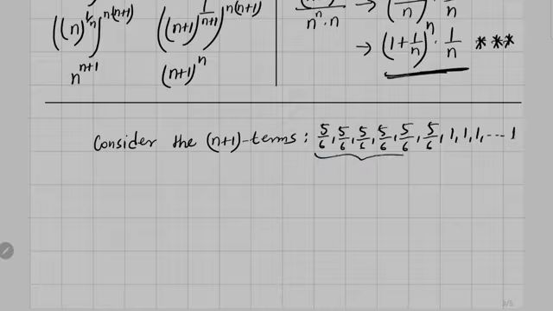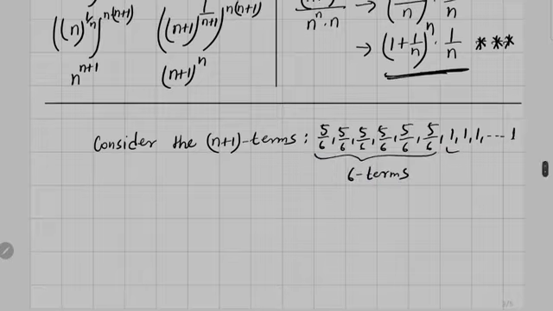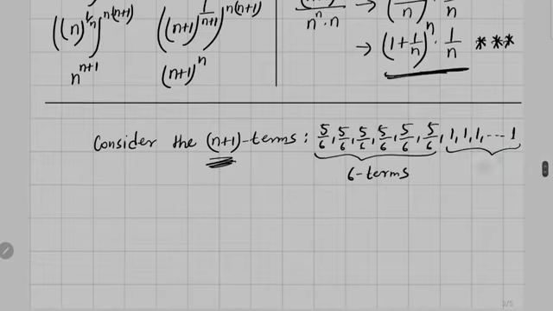Here 5 by 6 appears 6 times. The remaining 1s: since the total number is n plus 1 terms and 5 by 6 is 6 terms, 1 appears n minus 5 terms. So n minus 5 terms and 6 terms, the total is n plus 1 terms.